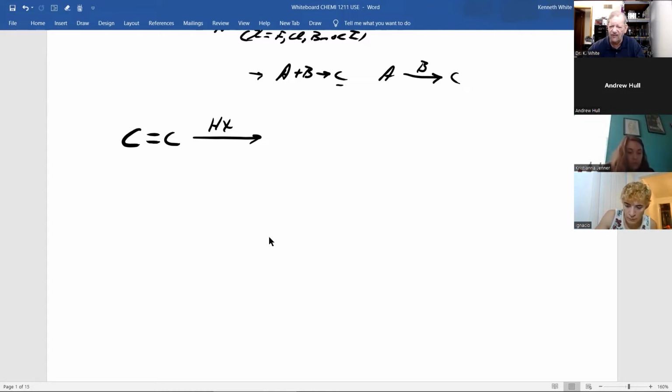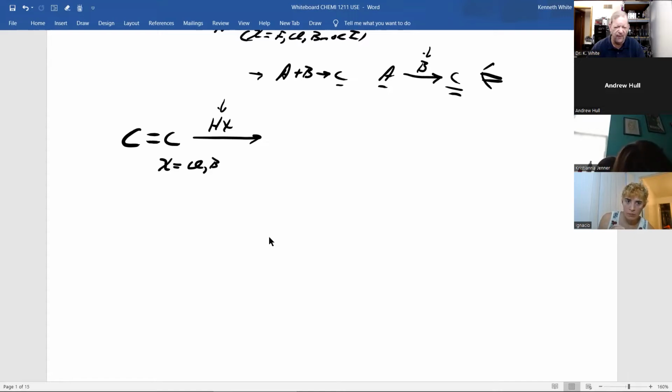And this also is A plus B makes C. So if I take a double bond and react it with hydrogen halogen acid, now here this is a little different. X is not fluorine, but it's the other halogens, chlorine, bromine, or iodine.